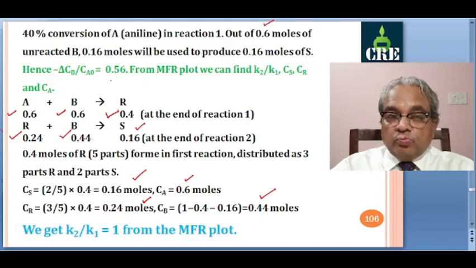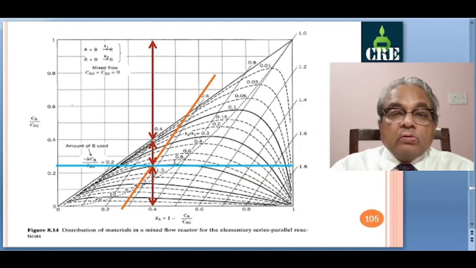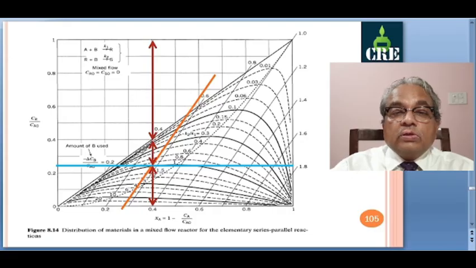So with the slope of 2 for this ratio of 0.56, this is the line between 0.5 and 0.6. Somewhere here, 0.5, 0.56 you can draw, and this line of slope 2.